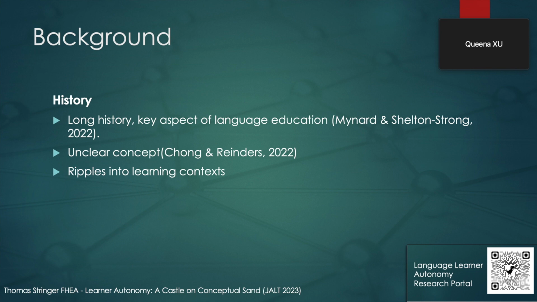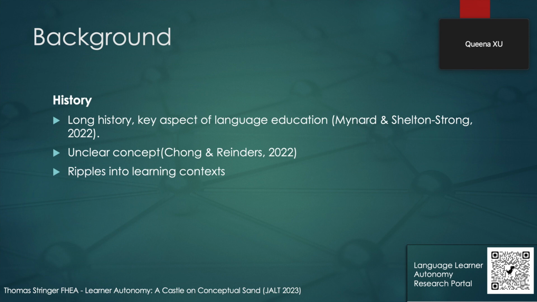That focus on personalization and individualization, which is so characteristic of autonomy, is really a kind of reaction to broader educational trends that we saw in the 20th century towards standardization, systemization, formalization of education as nation states started to compete with one another. It's a kind of counter reaction to that.